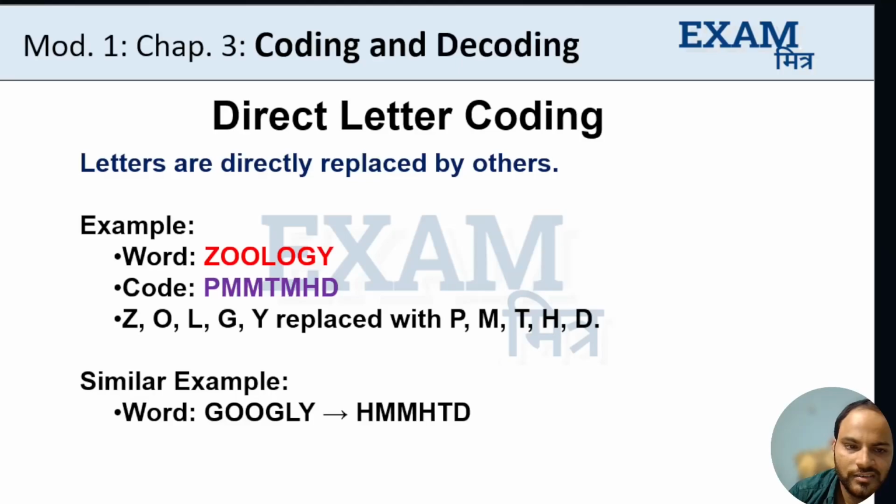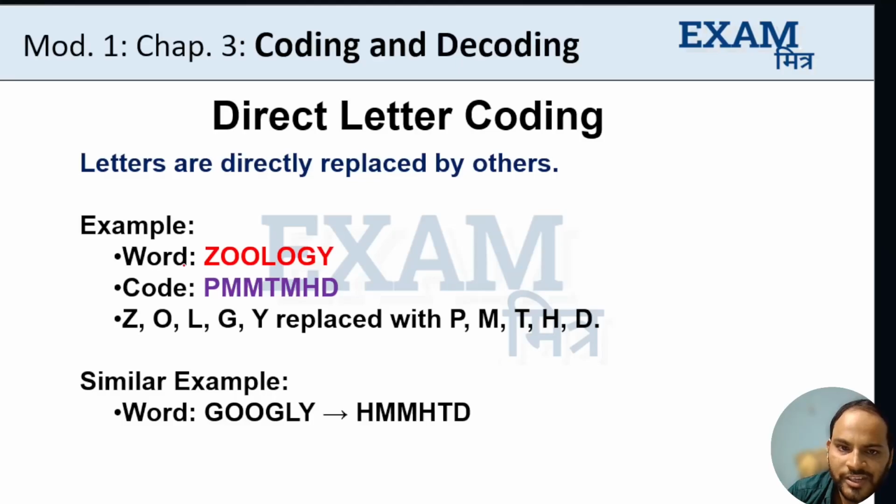Direct letter coding. Letters are directly replaced by others. That means Z is replaced as P, O is replaced as M, L is replaced as T. There is no relationship between the skipping of these letters. Just Z is P, O is M, L is T, and so on. It is very easy to decode the codes based on letter coding, that means the skipping.